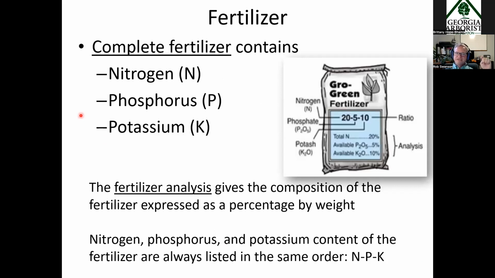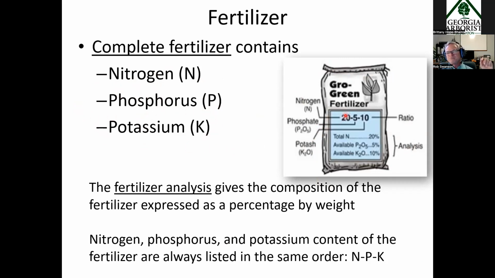So here is a bag of fertilizer. This fertilizer has some analysis on it. Notice again, we have N, P, and K. Nitrogen is always N, phosphorus is always P, potassium is always K, because I think that's how you spell it in Greek.